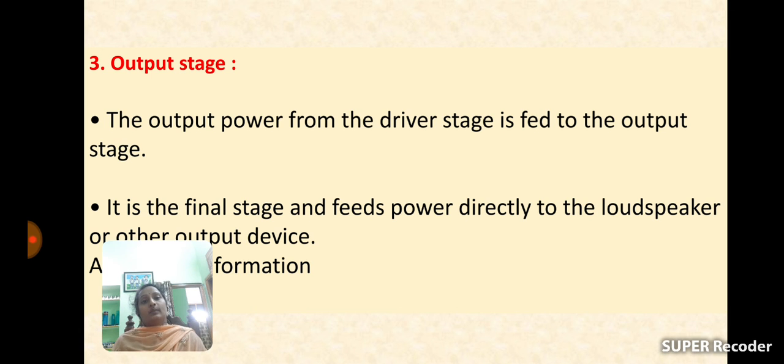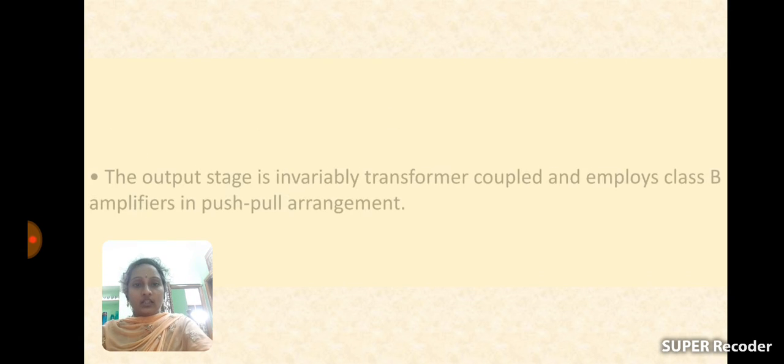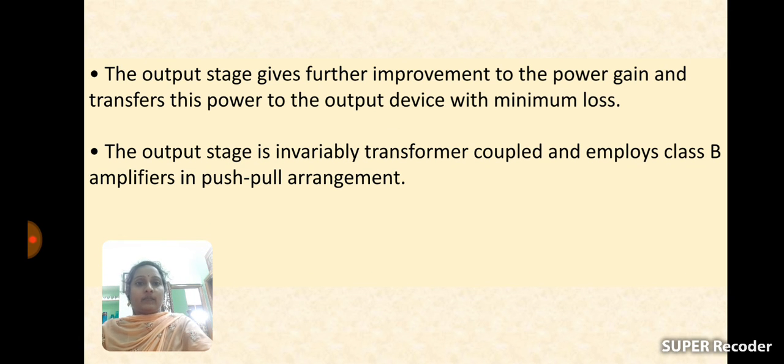While coming to the output stage, whatever power signal we get from the driver stage is connected to the output stage, and the signal is connected to the loudspeaker directly, without any disturbance. This output stage improves the power gain by reducing the loss.